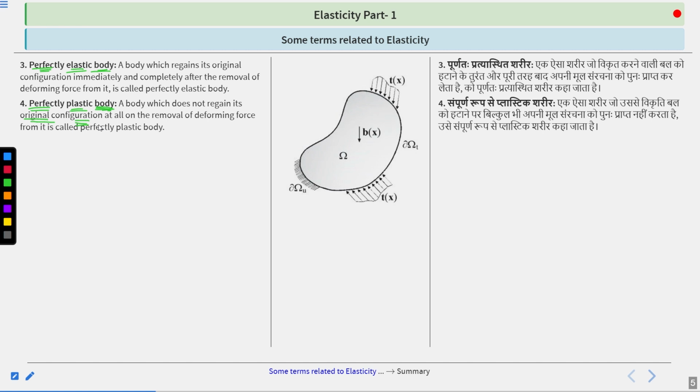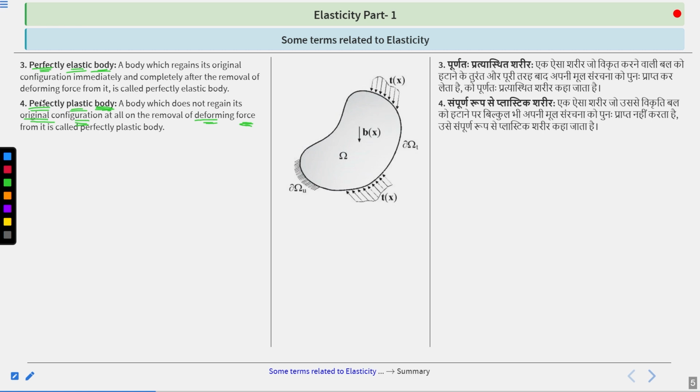And when you release the pressure, when you are no longer applying the deforming force on it, is it possible that the plastic ball will regain its original shape, size, length, volume? No. You will find that the plastic ball is unable to regain these configurations.